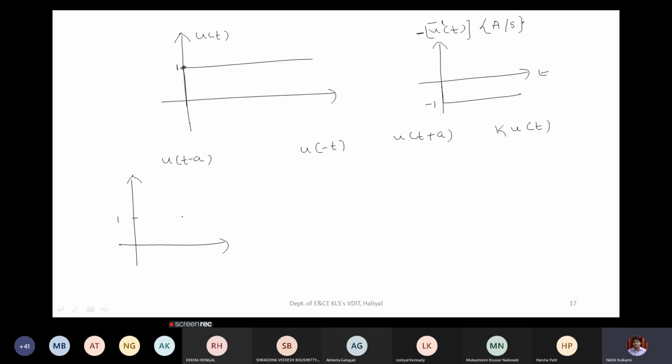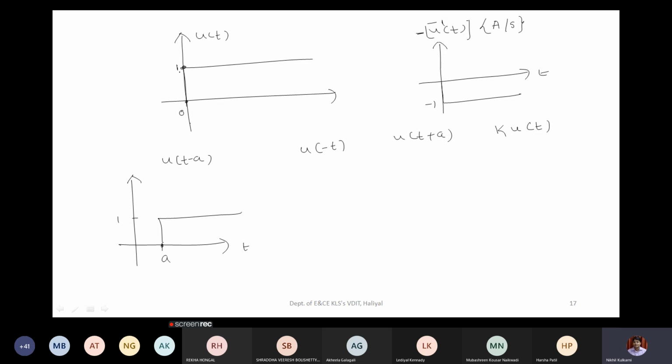So this is u of t minus a, so it is at time instant a. So this is the signal. So how to get this? How to know that the signal will start at the positive side instead of the negative side? Look into the original signal. You are performing the operation on this. So this is defined at t equal to 0 to infinity.